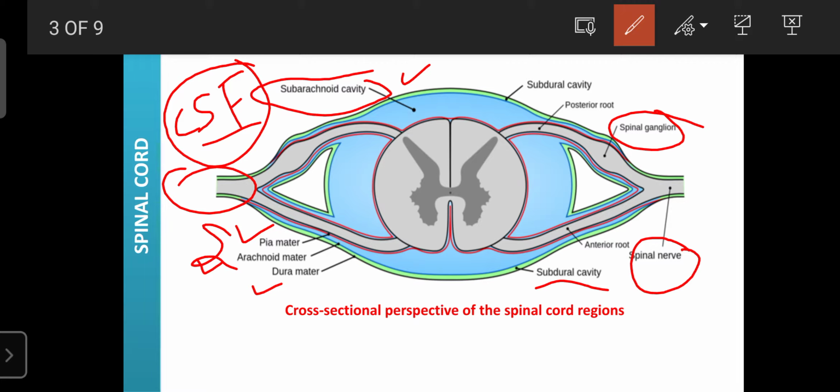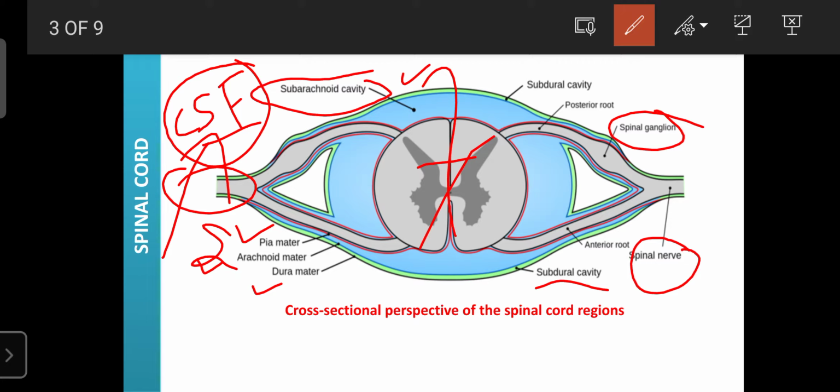That's why it is a protective fluid. It can prevent any kind of injury to the brain as well as to our spinal cord. If there is any inflammation in the cerebrospinal fluid, then it can create problems in the normal functions of the spinal cord.